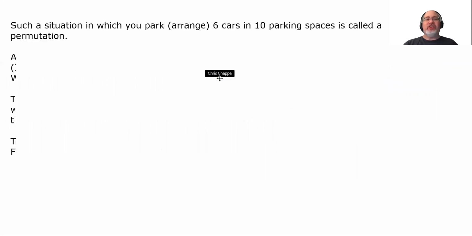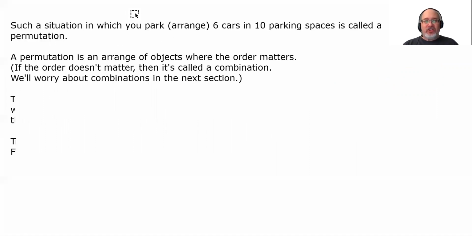Such a situation in which you park or arrange 6 cars in 10 parking spaces is called a permutation. Here comes the definition, folks. A permutation is an arrangement of objects where the order matters. Notice I didn't say distinct objects because we will look at some situations where the objects aren't necessarily distinct.